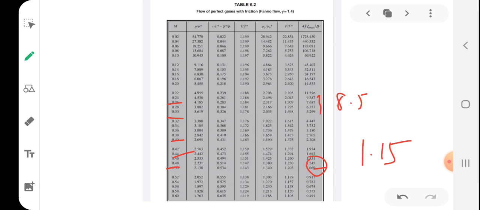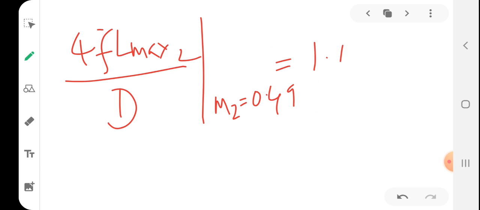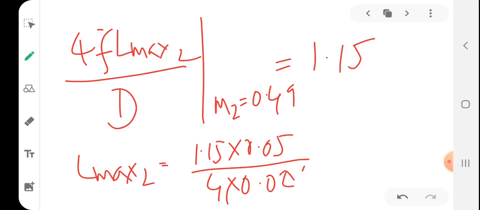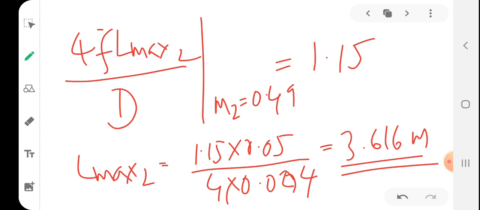So L max 2 is 1.15 into 0.05 by 4 into 0.004, which is around 3.616 meter.